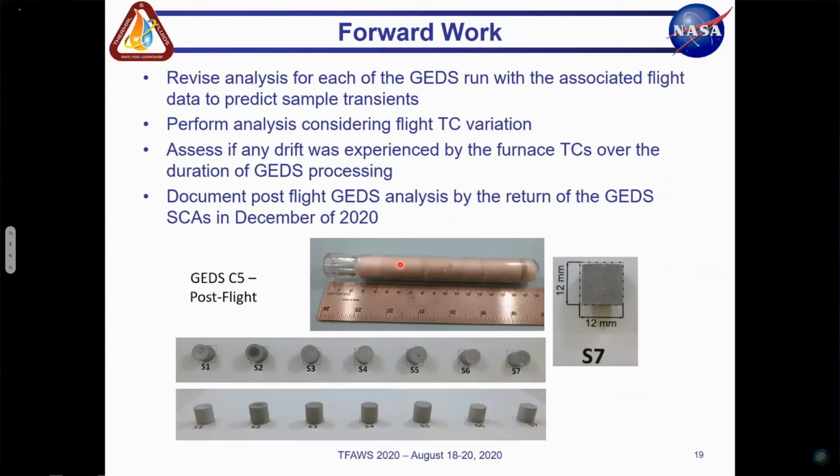We're also going to assess if any drift was experienced by the furnace TCs over the duration of the GEDS processing, and we're going to do that by looking at the heater power usage during each one of the cartridge runs. And then we're going to do a full document of post-flight GEDS analysis when we get the cartridges back this December. But I found out today that might be slipping a little bit.